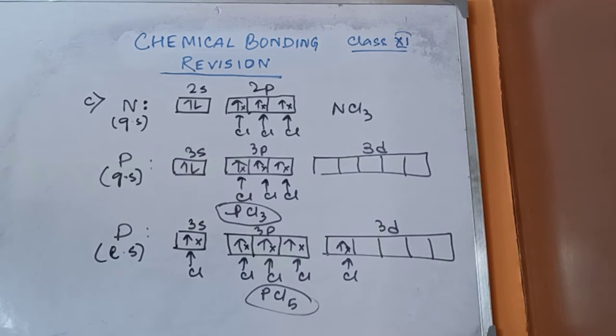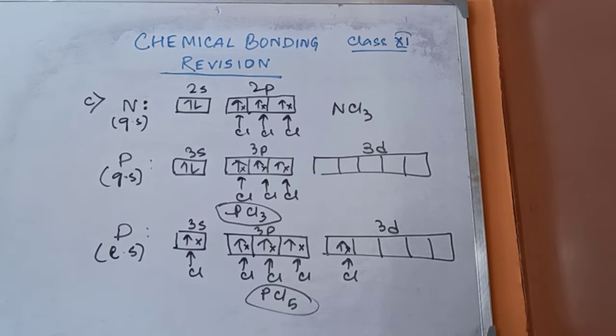But phosphorus has vacant energetically accessible 3d orbitals, so phosphorus can absorb energy and 1 electron of phosphorus can get promoted to the 3d orbitals. So phosphorus can go to its first excited state. So it can form 5 bonds because 5 unpaired electrons were present.